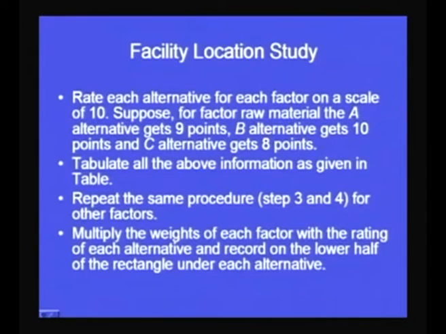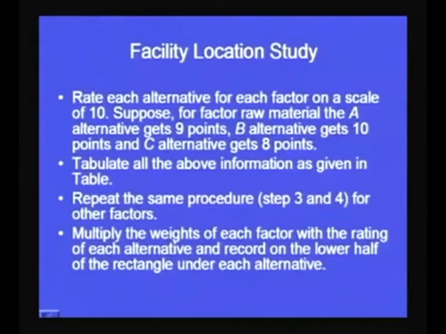Now, we have 3 alternatives, alternative A, alternative B and alternative C, or we can say location A, location B and location C. Now, we will rate each alternative, that is maybe location A, on all these factors on a scale of 10. Out of 10 we will see from the market point of view how many points location A earns.